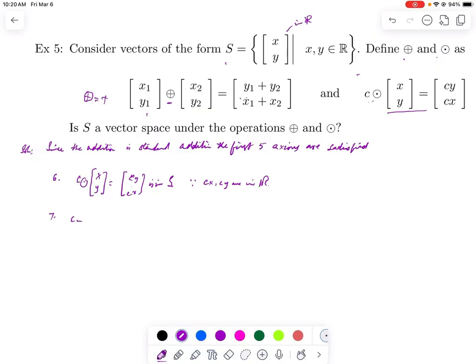Seventh is (c plus d) times xy. We have to show that this is equal to c circle-dot xy plus d circle-dot xy, the circle being this special multiplication. From the left hand side, what do I get?